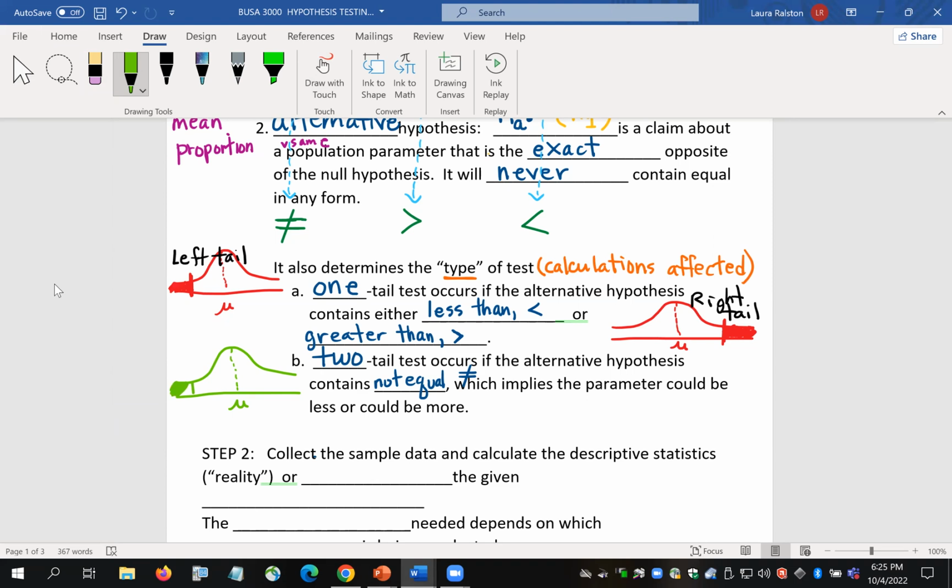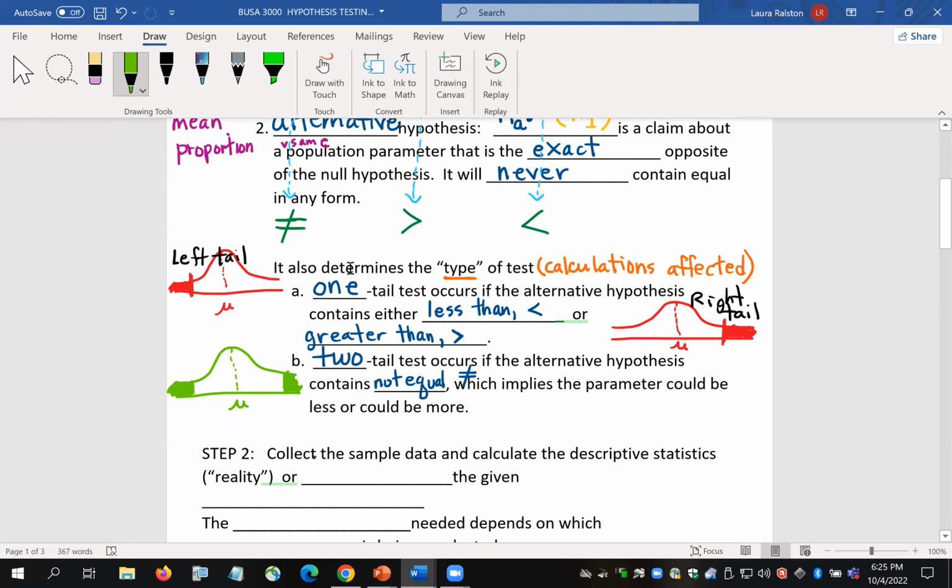So I'm going to have a region to the left to allow for the less than option. Or it could be more. So I have that option as well. Okay, so again, in this case, you have two regions, hence the term two-tail.